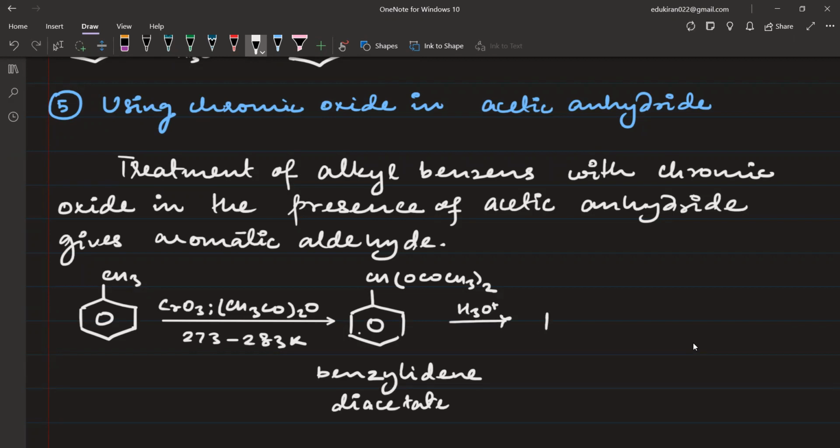And on hydrolysis, it is going to give you benzaldehyde. Also, this diacetate converts itself to acetic acid. So you'll get 2 moles of CH3COOH in the presence of an acid.